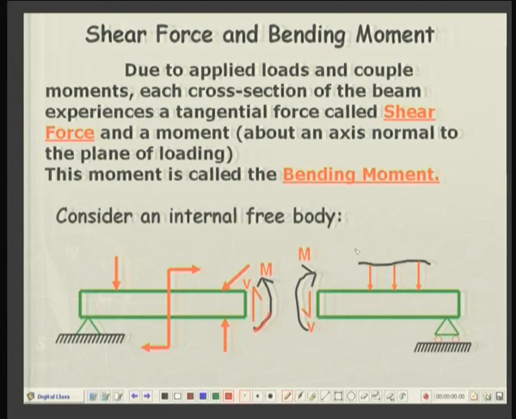So, this left hand section will be in equilibrium due to the applied loads, a shear force V and a moment M, and secondly, this right hand section is in equilibrium due to the reaction at this support, applied load, V and M. Now, this force V or tangential force V is called shear force, and the moment M is called the bending moment.